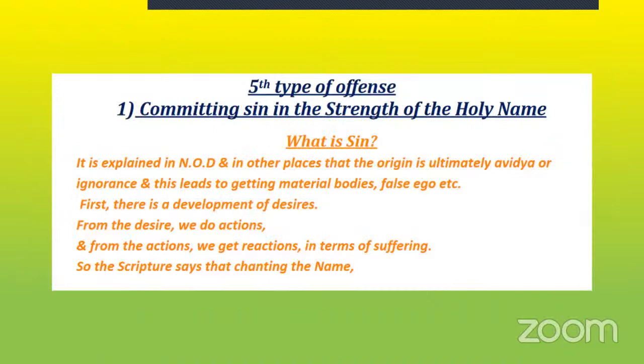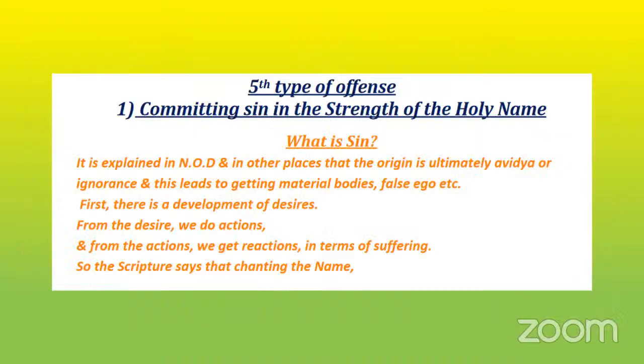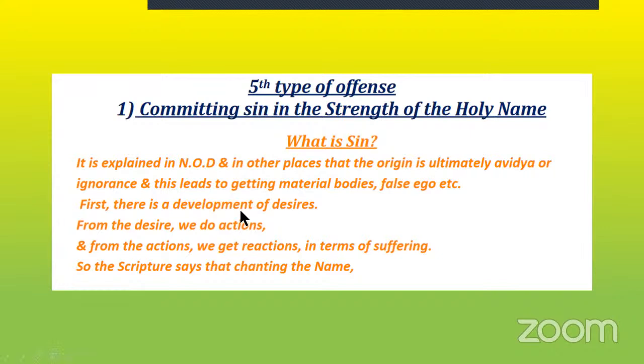Okay, now this is the 5th type of offense, committing sin in the strength of the holy name. So this is the one which we saw yesterday, but today we are going to finish this. Okay, what is sin?